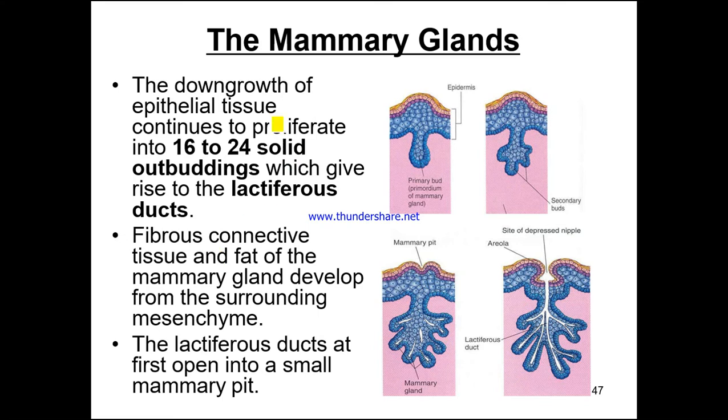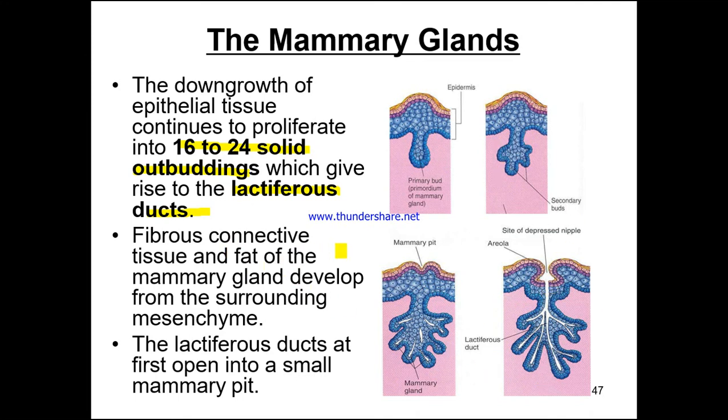The downgrowth of the epithelial tissue continues to proliferate into 16 to 24 outbuddings, which give rise to lactiferous ducts, and these will be very, very important when we start to look at our histology and especially our histopathology and changes within these ductal systems.